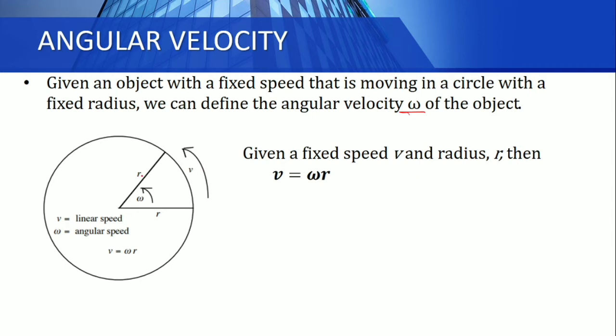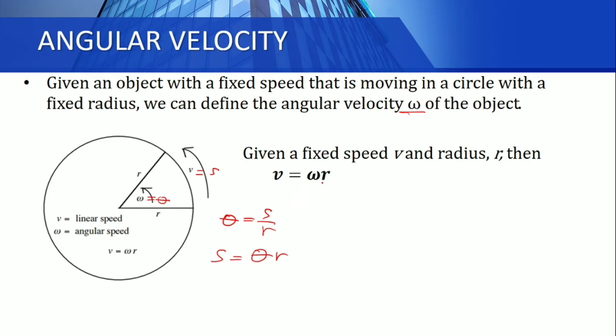Kasi sabi natin dun sa unang formula natin na theta is equal to S over R, kapag yung S natin, that will be equal to theta R. Kinuha lang natin yung formula na to dun sa first na formula natin.